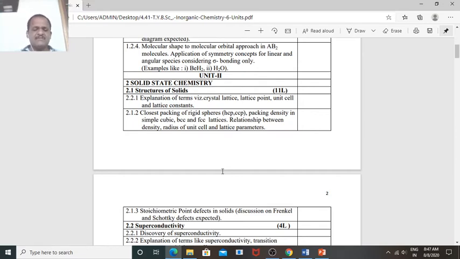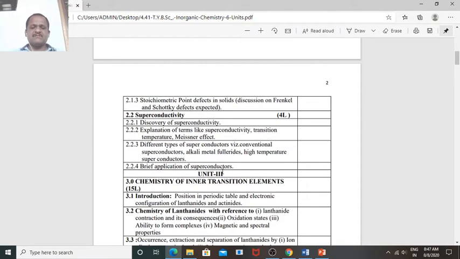So we will discuss first the discovery of superconductivity, then a lot of terms, like the definition of superconductivity, transition temperature, Meissner's effect, and some types of superconductors and their applications. This is not a bigger chapter, it's a smaller chapter actually, but I'm damn sure it is very useful from an application point of view today.